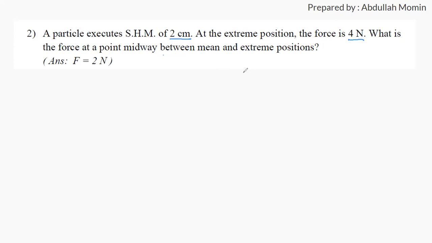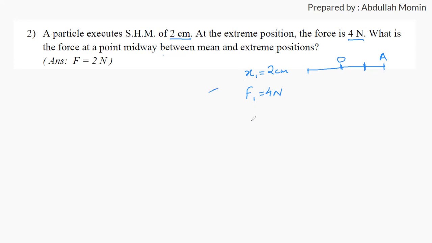So here in the first case the displacement is 2 centimeter, that means it is the amplitude. X1 is 2 centimeter, so the force is F1, which is 4 Newton. Now if the particle is at the midway point between mean and extreme position, so this is the mean position point O, this is the extreme position, and the point midway, that is half.